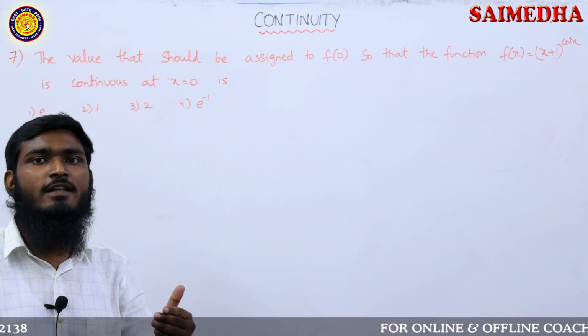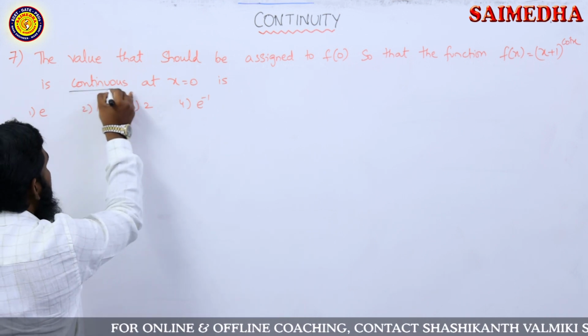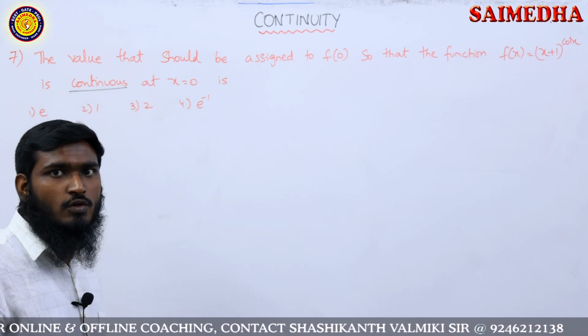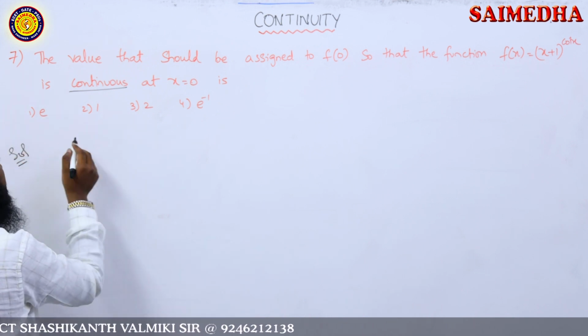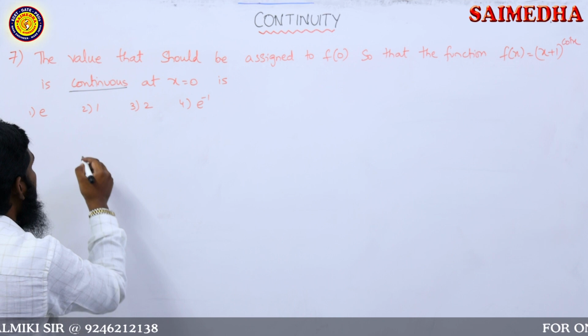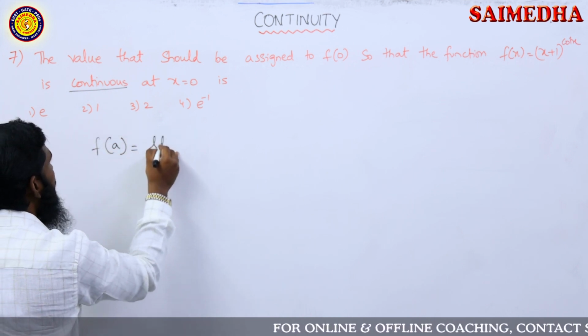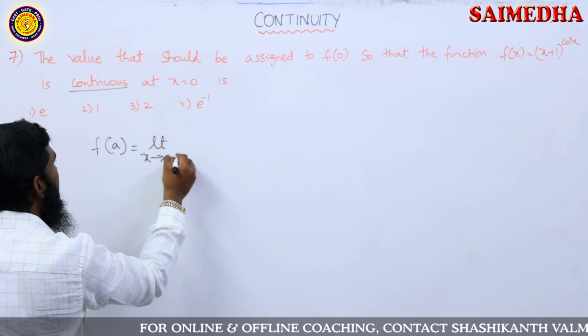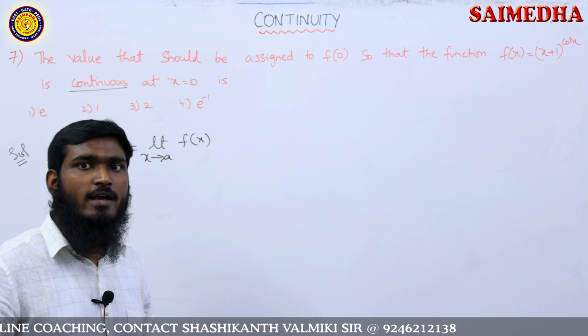We have to find the value of the function, and it is already given that the function is continuous at x equals 0. So whenever the function is continuous and we have to find its value, we have one condition: f of a equals limit x tends to a of f of x.